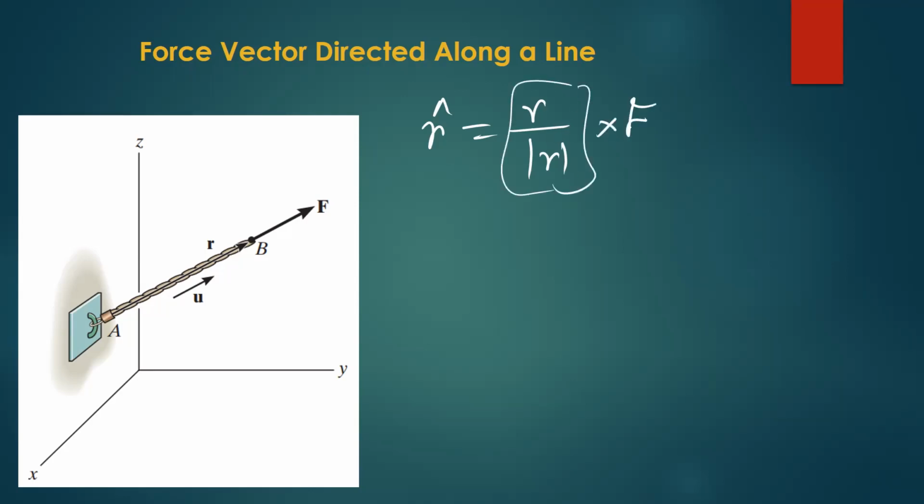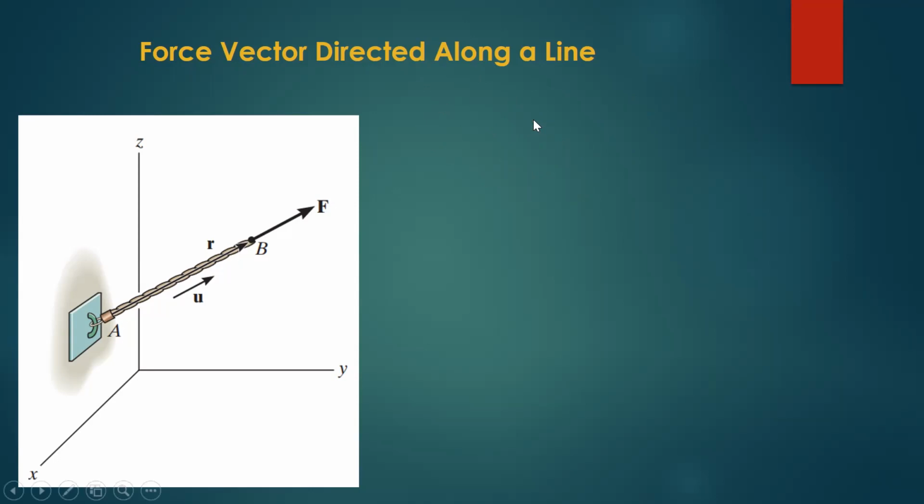So when you multiply the force times the unit vector, it means that you have found the force vector that is directed along that given line with this position vector R.